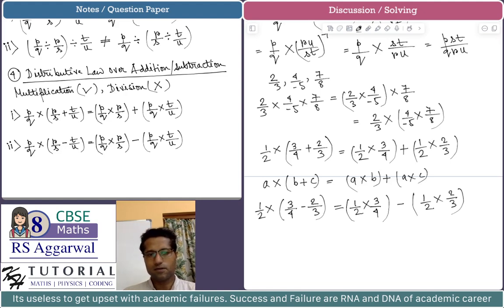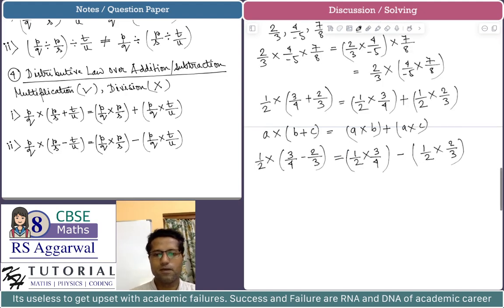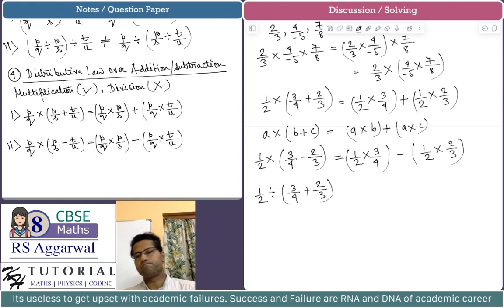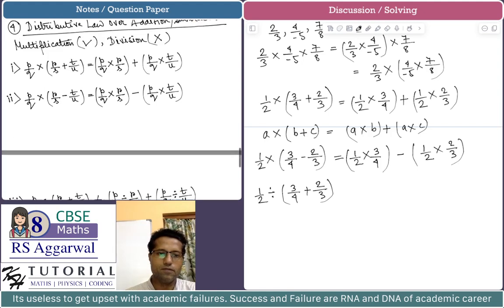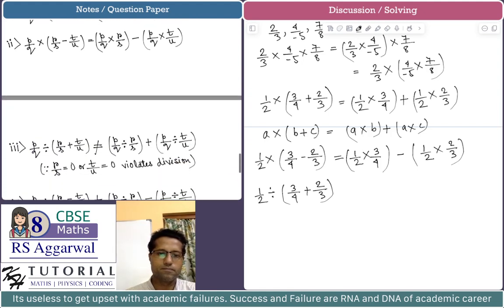So multiplication is distributive over addition and subtraction, whereas division is not distributive over addition and subtraction, meaning you cannot write that half, let's say half, divided by 3 by 4, let's say plus 2 by 3. Division is not distributive.